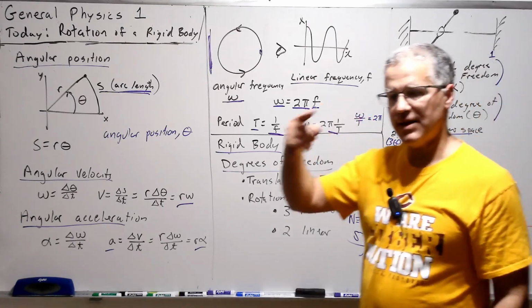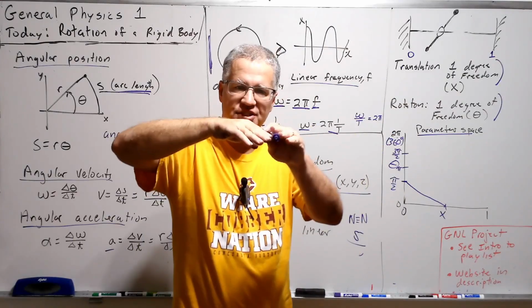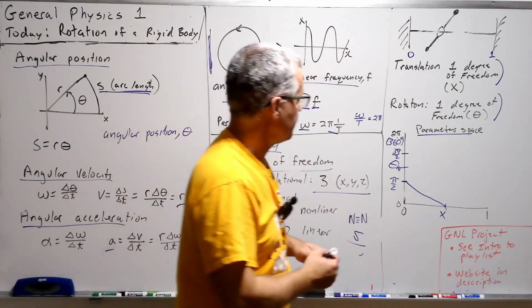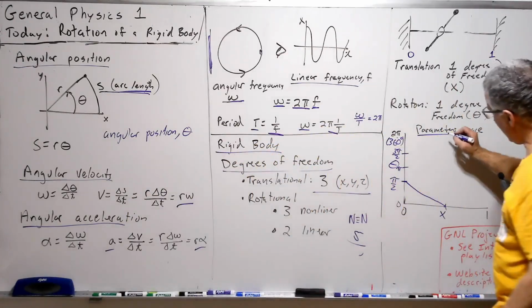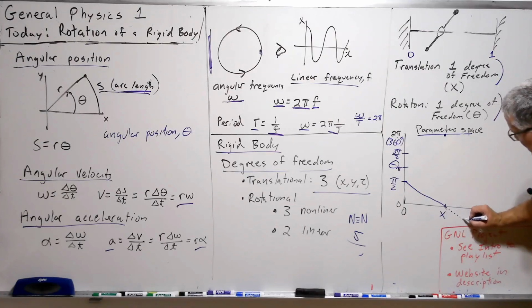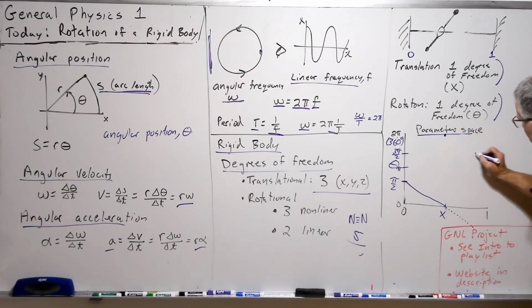But the nice thing about circular motion is when we get all the way around, when we get to 0 degrees, we can pop over to 360 degrees or 2 pi. So that means I have to come in right here, right? Instead of going negative, I could, in my mind, keep going negative, right? But I can come up here and then trace that down, and I want to end up right here.